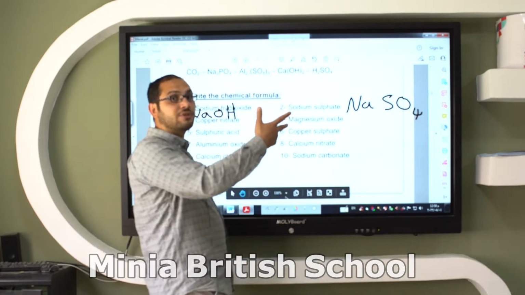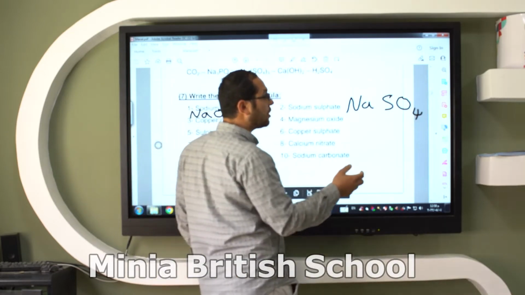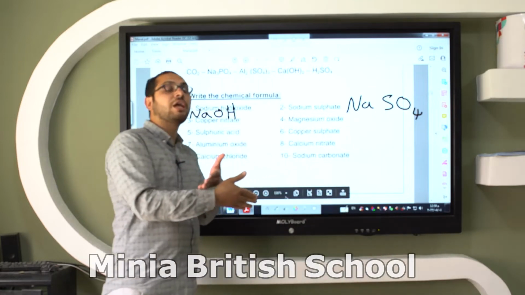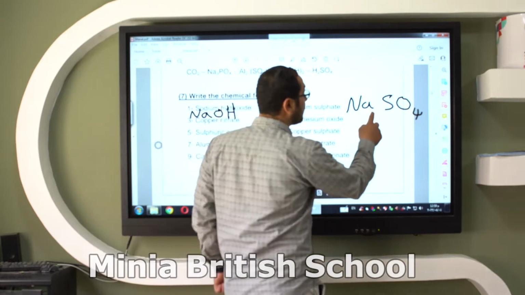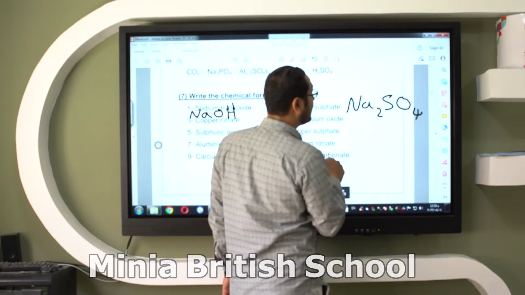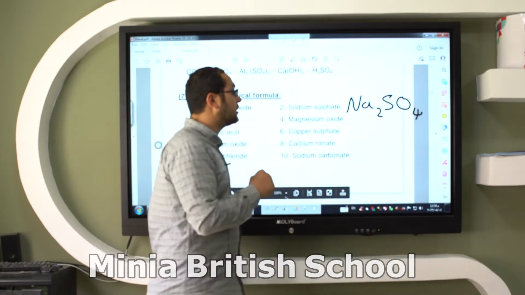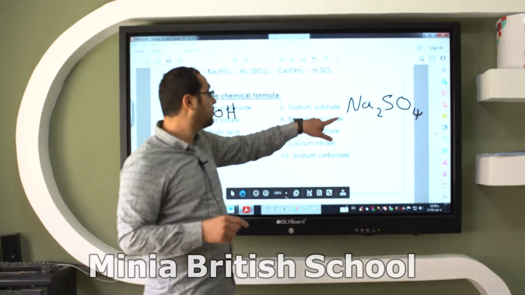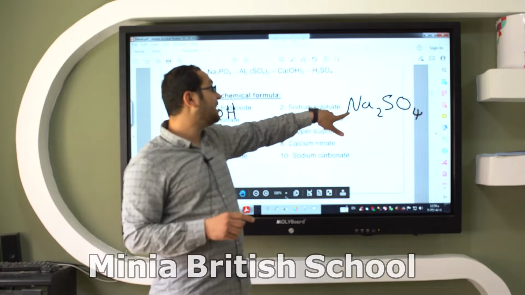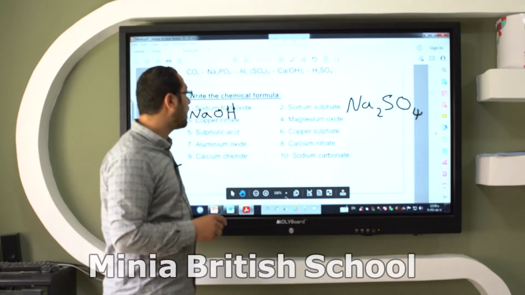The valency of sulfate is 2, so exchange the valencies. We must write the number 2 beside the sodium. So the formula is Na2SO4.